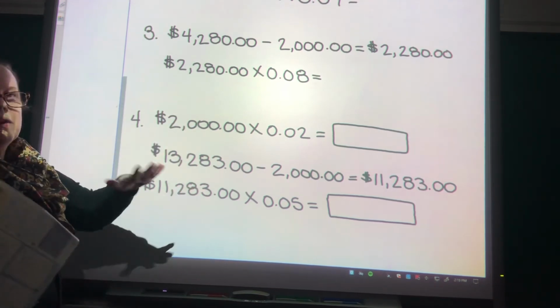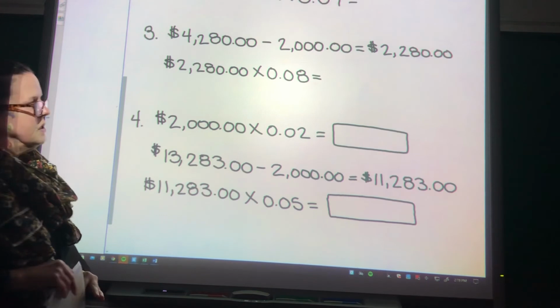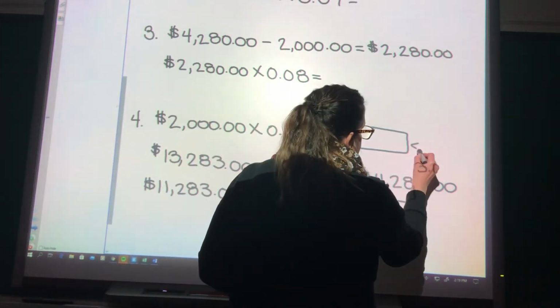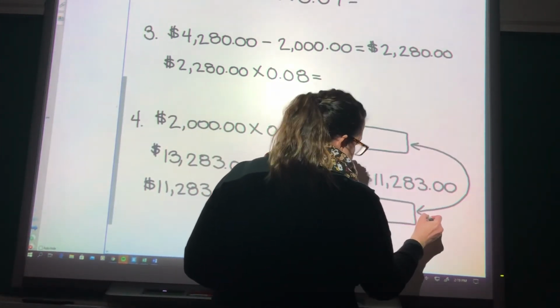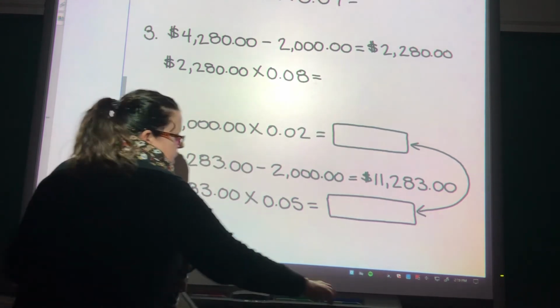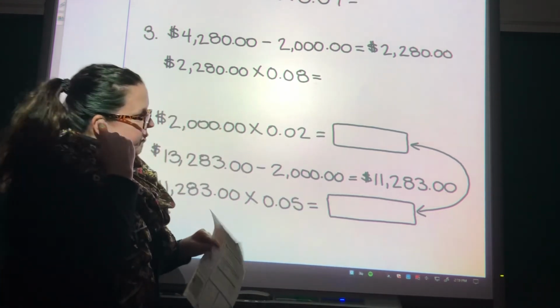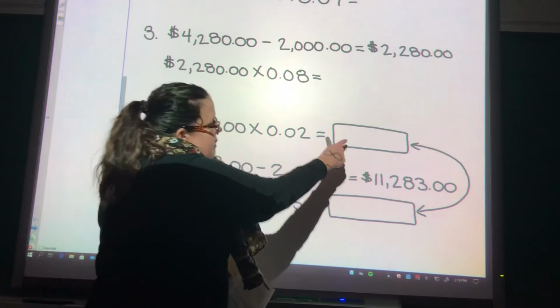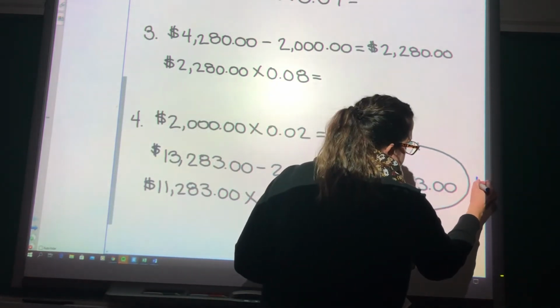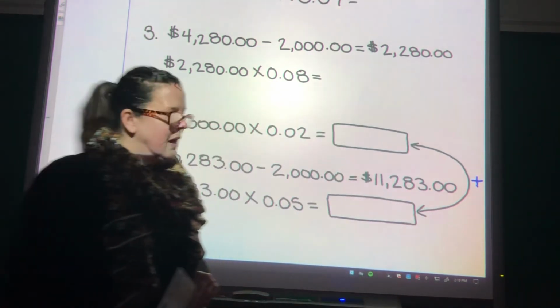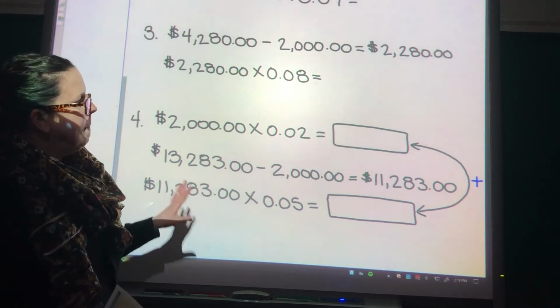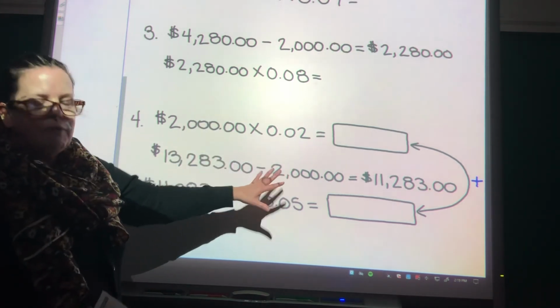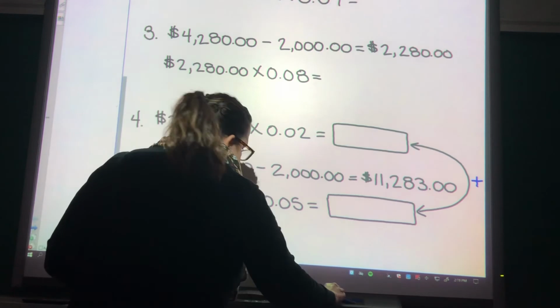This is the amount for everything over that $2,000. So now, to find the total commission for him, we have to take these two amounts and add them together. Okay? So that is how you're going to find that final answer for number 4.